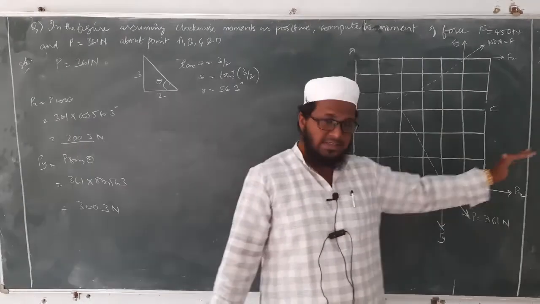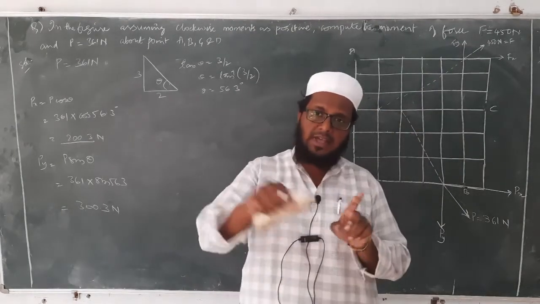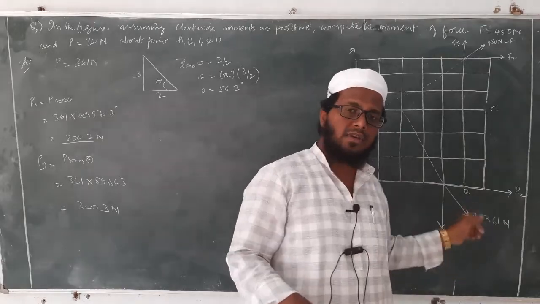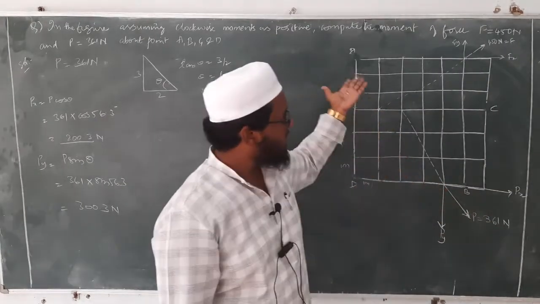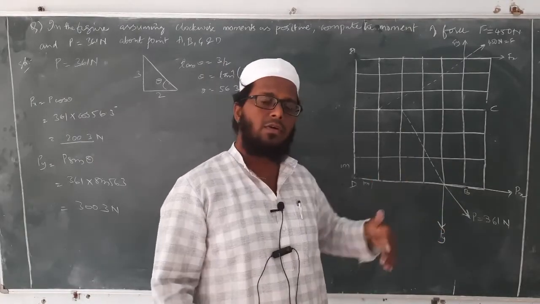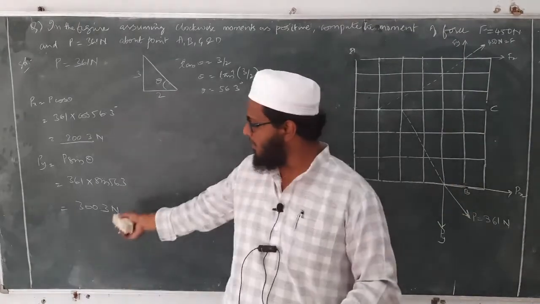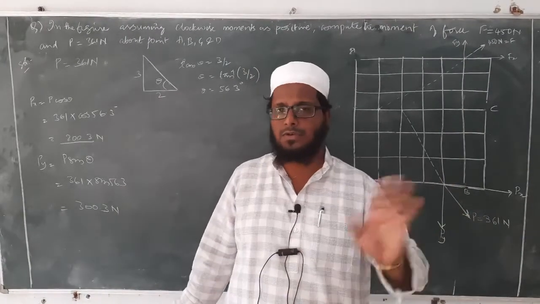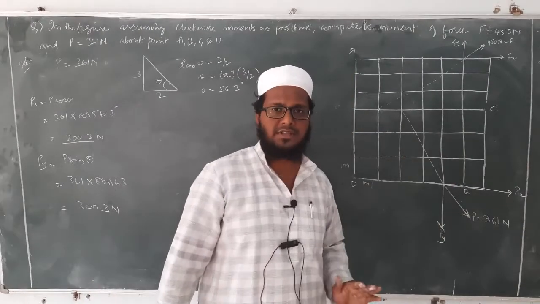Whenever you have an x-axis or y-axis, or when they say in the problem that it corresponds to the x and y-axis, there you have to consider in which quadrant the force is acting. But here, since in the entire problem we do not have any x-axis or y-axis, there is no need for that. If there is any xy axis, then we have to consider that.